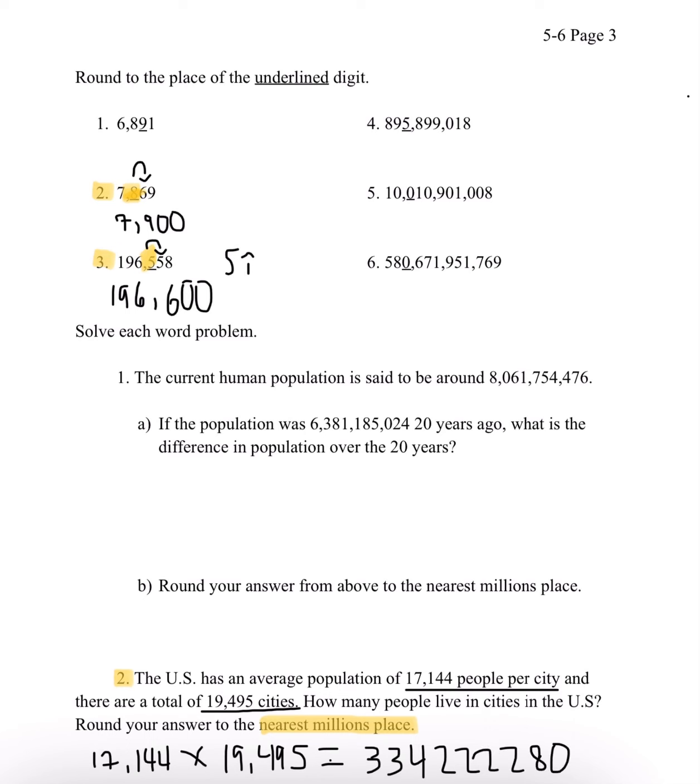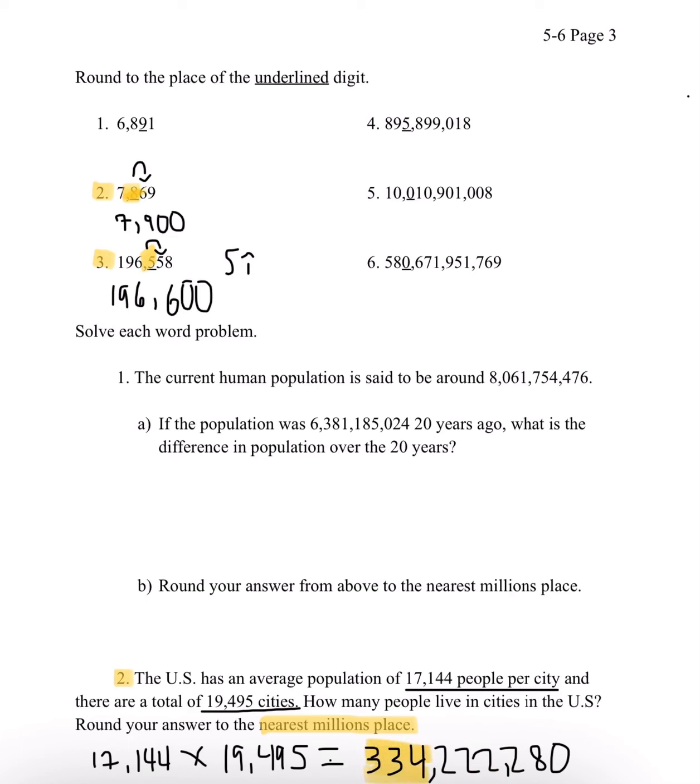But it says round to the nearest millions place. Okay, so the millions place is right here. We could see, this is the millions place.